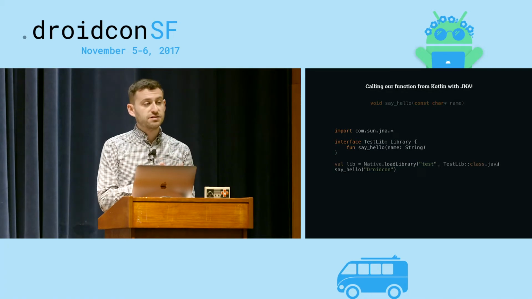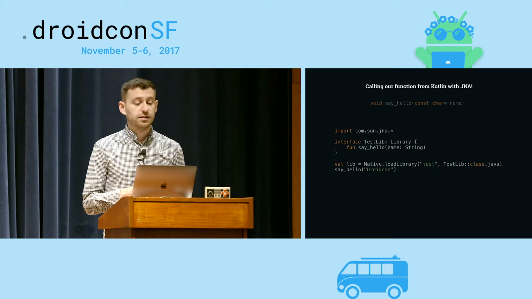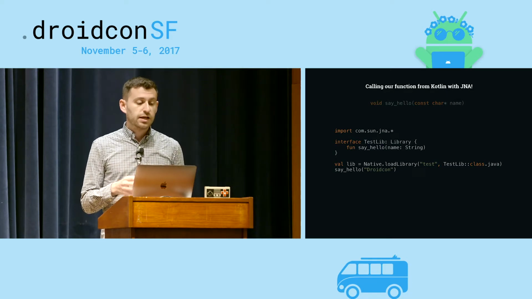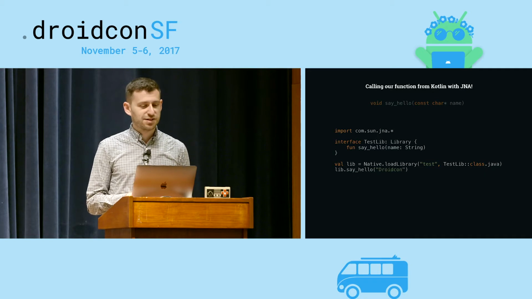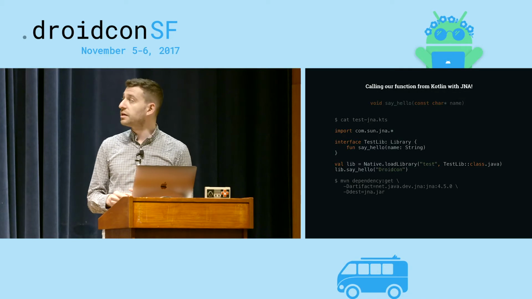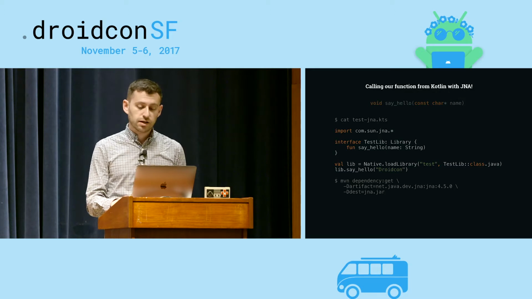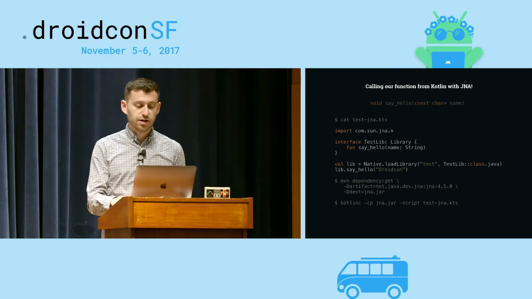We move from using System.loadLibrary to use Native.loadLibrary instead, pass in both the name of the library and the class of our interface. This will then return an instance of that interface, which we call our method on. We can test this out from the terminal pretty easily by using Maven on the command line to fetch the latest JNA jar. And then we can run this code as a Kotlin script, and it works.